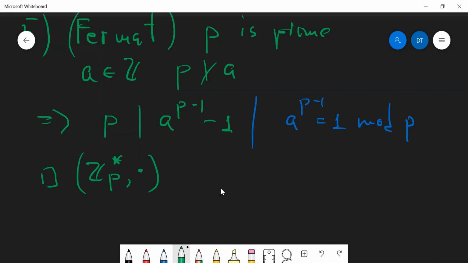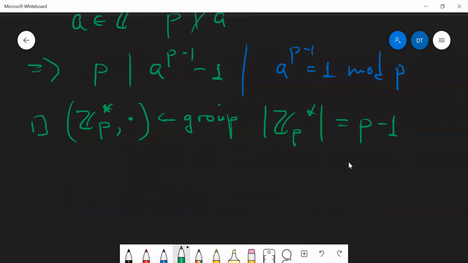So the numbers from 1 to p minus 1. So this is a group. And the order of this group is p minus 1, because Z_p contains p elements, and we excluded the 0 element. So now we have p minus 1 elements.